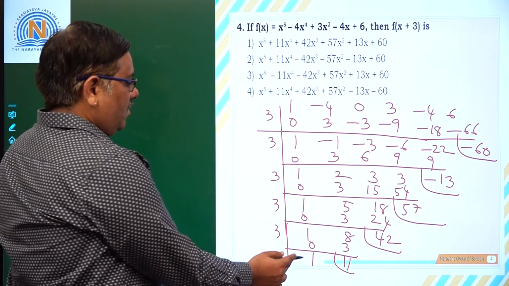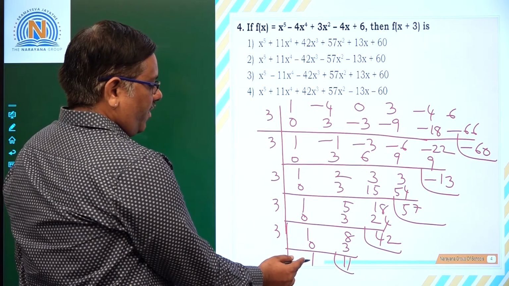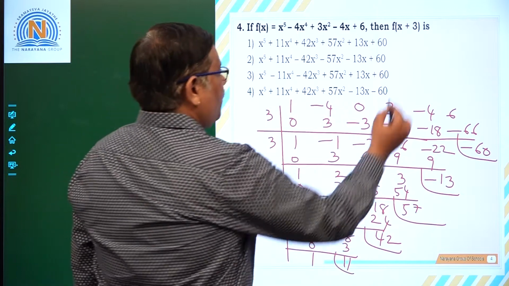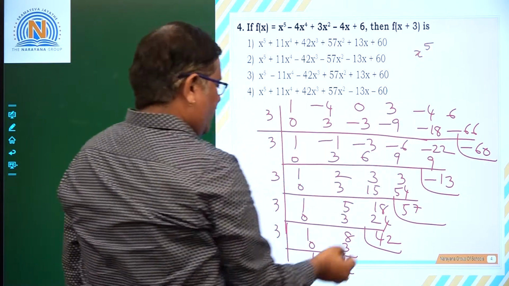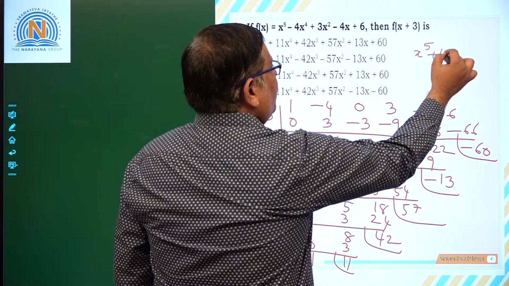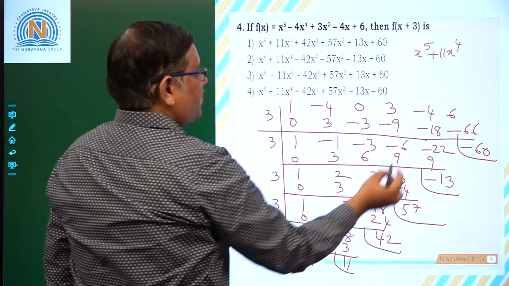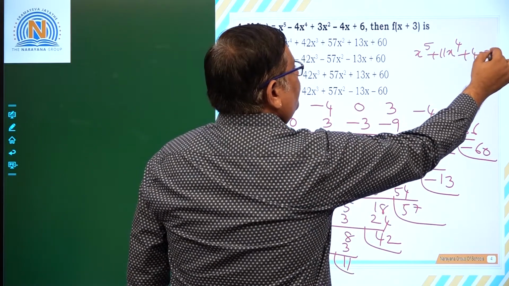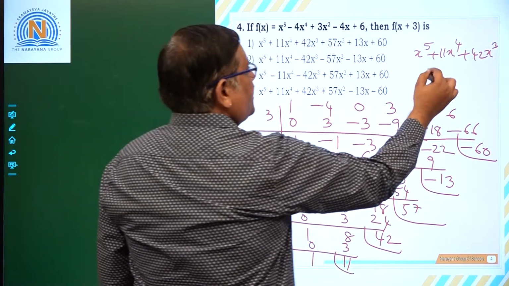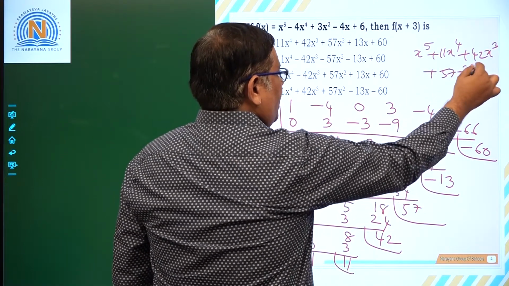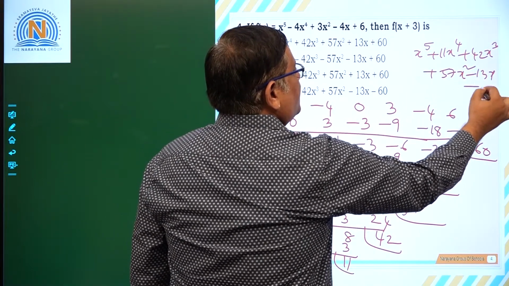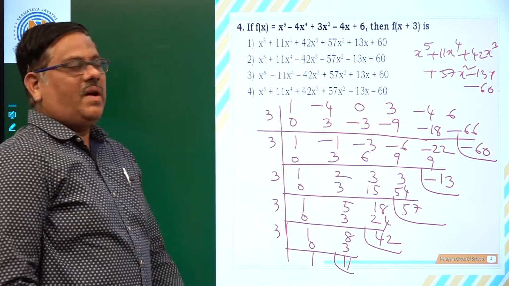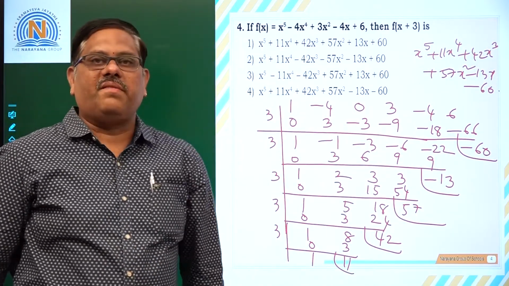So what do you have now? x power 5, next plus 11x power 4, next plus 42x cube, next plus 57x square, next minus 13x minus 60. This is the value of f of x plus 3 for us.